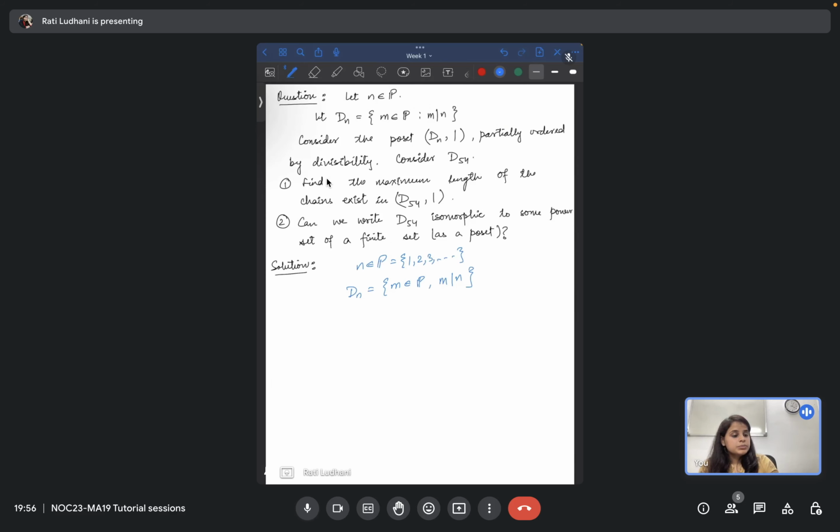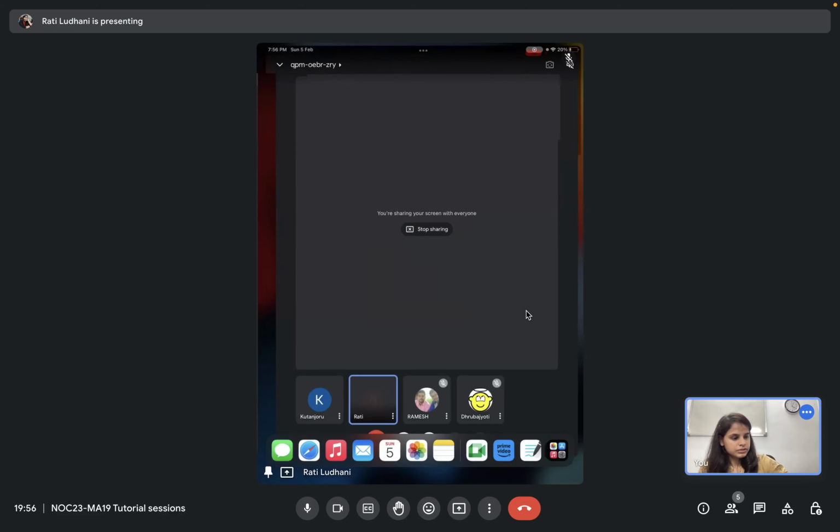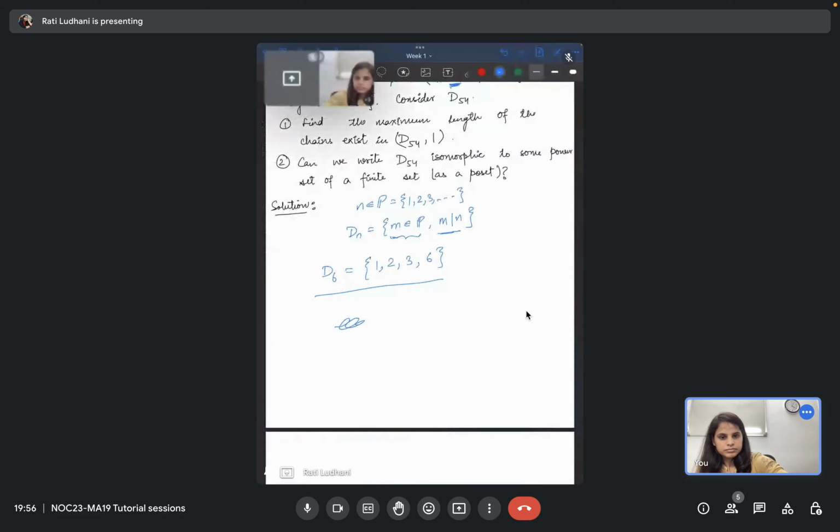So consider the poset Dn. So this is the symbol for divisibility. Okay, it is not showing. One second.